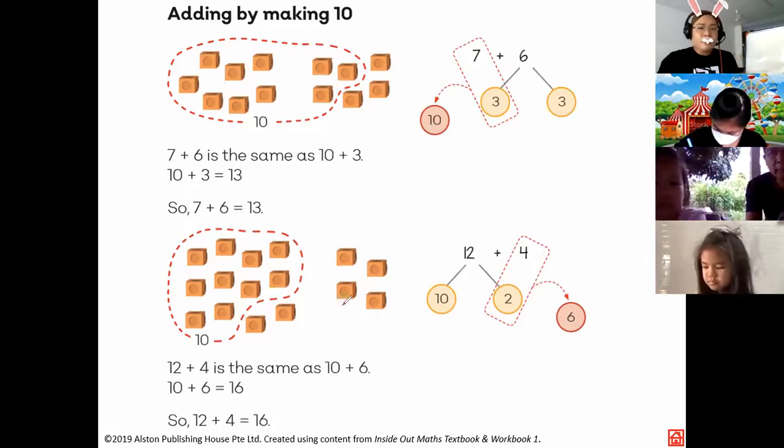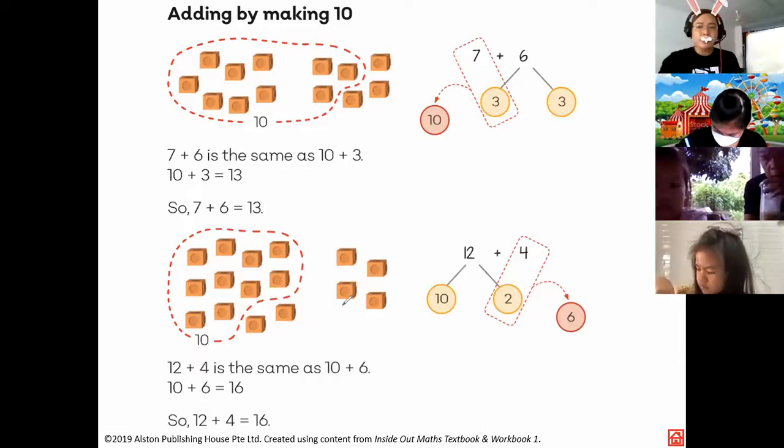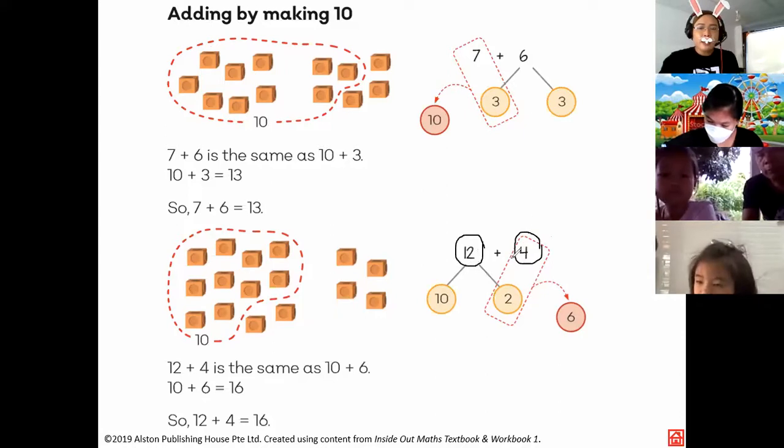But there's another way for us to add the numbers. In this case, we have 12 and we have 4. So 12 plus 4 is equal to 16.